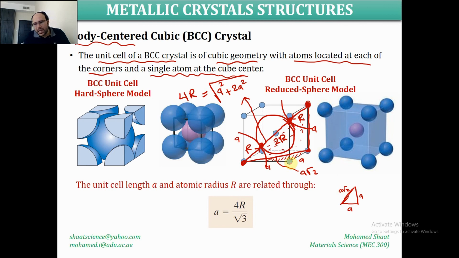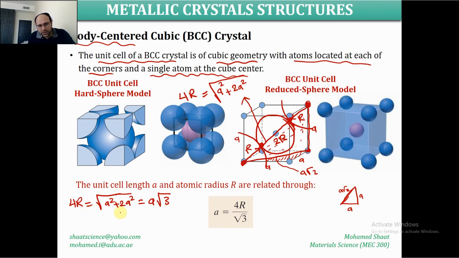In terms of A, which is the lattice constant, it is the square root of A squared plus 2A squared. So if we simplify this relation, we have 4r equals the square root of A squared plus 2A squared. If we consider A as a common factor, it will be moved outside the square root as just A. This is going to give us 1 plus 2, which is the square root of 3.